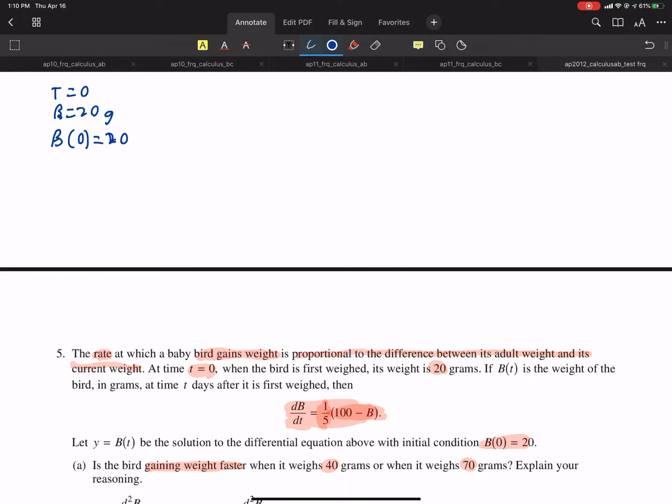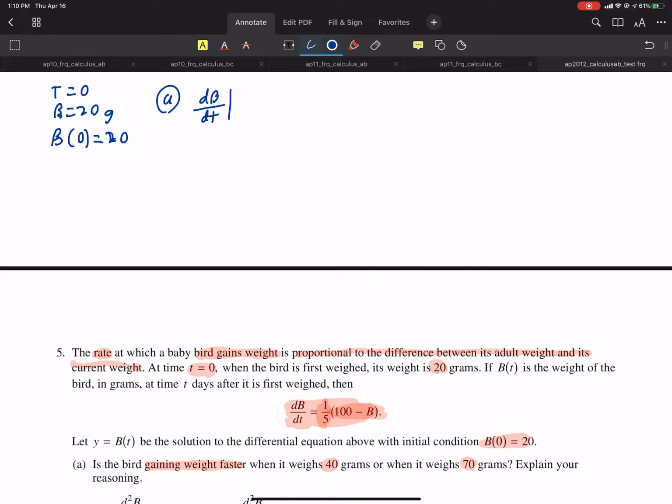Well, the nice part, they give us the derivative. So we need to find the derivative at b equals 40, and we have to find the derivative at b equals 70. Again, dB/dt is how fast b changes as t changes. So it's just a rate of growth.